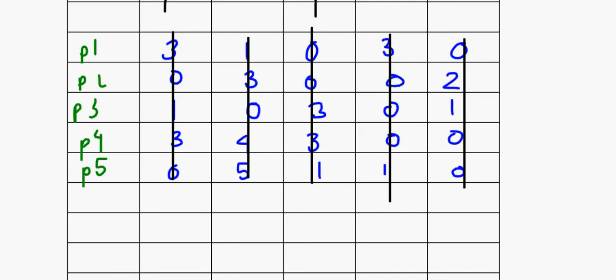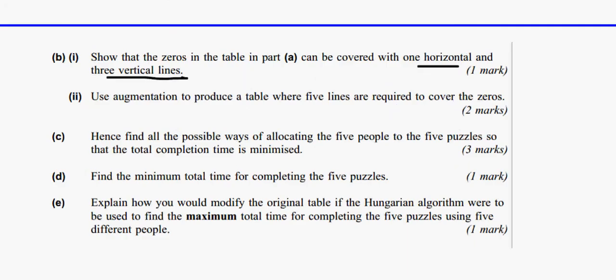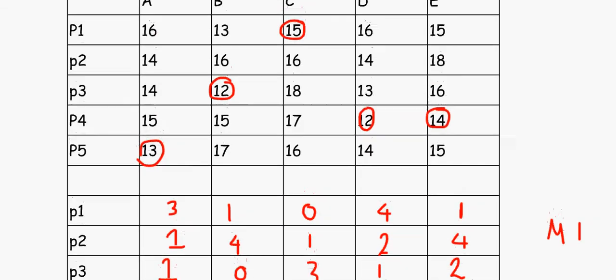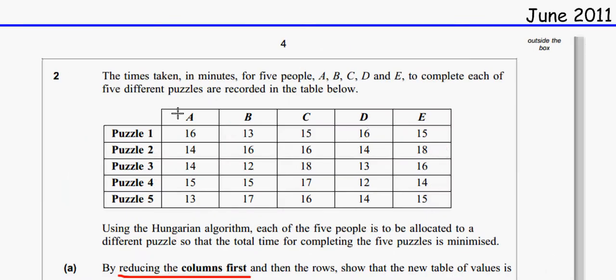So that's been done. Be aware that sometimes you might not get a table with 5 rows and 5 columns. It needs to be the same number of rows as columns for you to do the Hungarian algorithm.